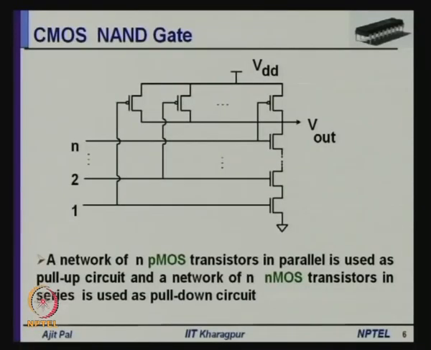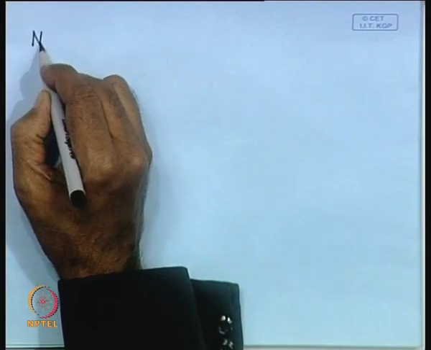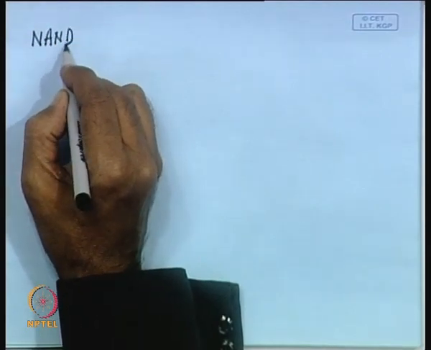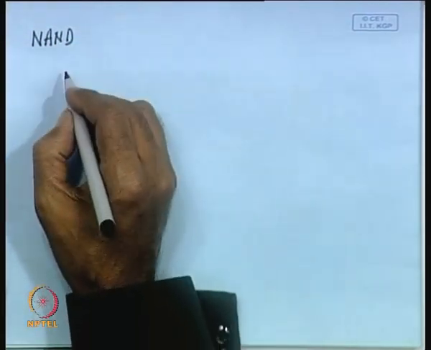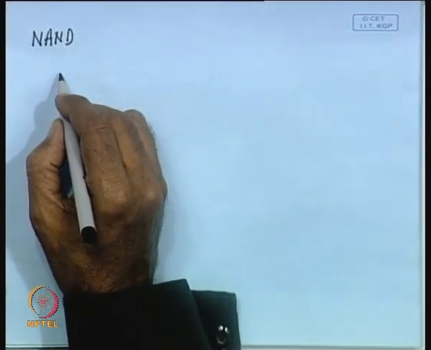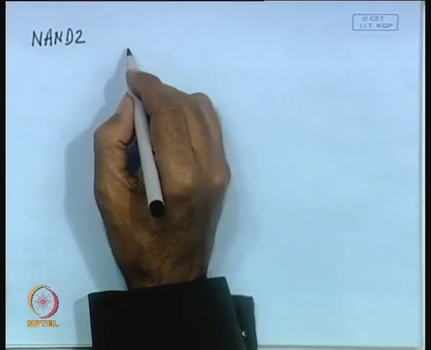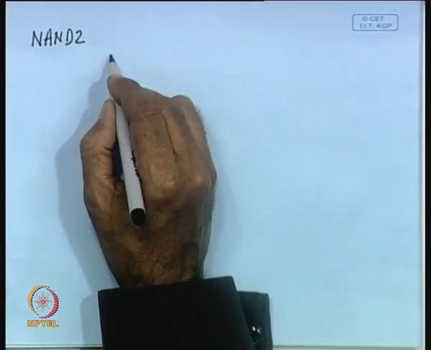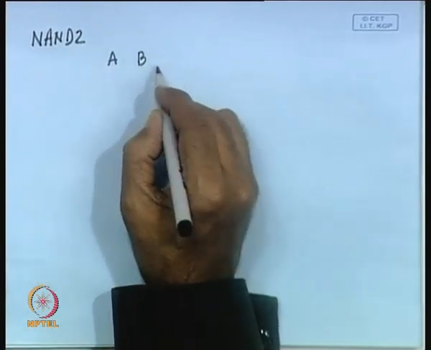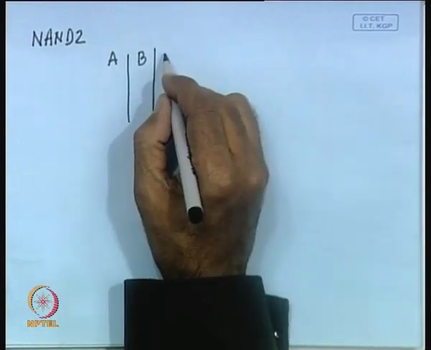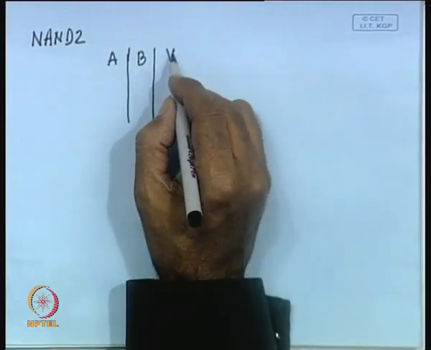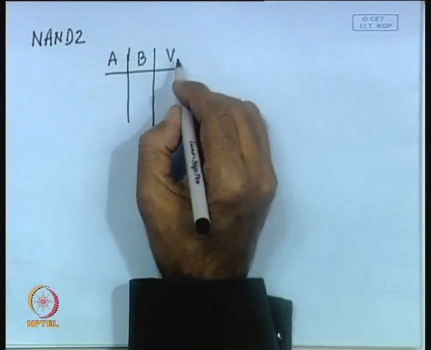So, after discussing fan in and fan out, let us consider a basic realization of a NOR gate or NAND gate. Let us start with the NAND gate. Let us consider a 2 input NAND function, NAND 2. Let us assume 2 inputs A and B, and it produces an output V out.